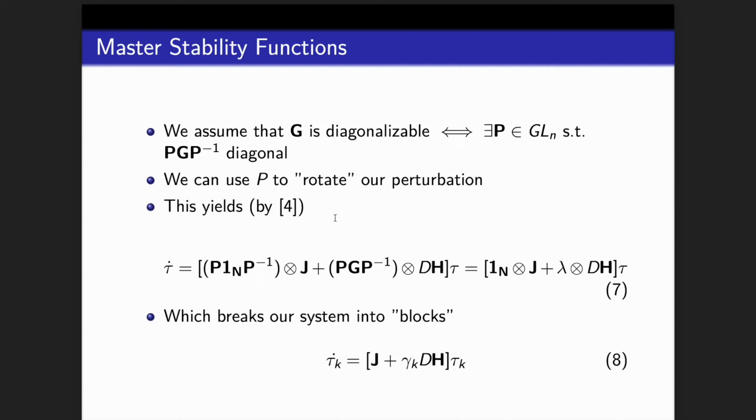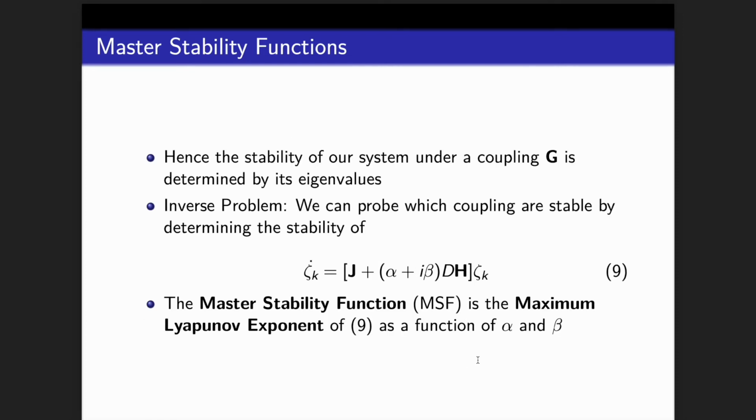And if this happens for all the transverse eigenmodes, then the perturbation ends up getting arbitrarily close to S again, which is what we want. And we can capture this by taking the Lyapunov exponent of this. If it's negative for all the transverse eigenmodes, then we have synchronization stability.